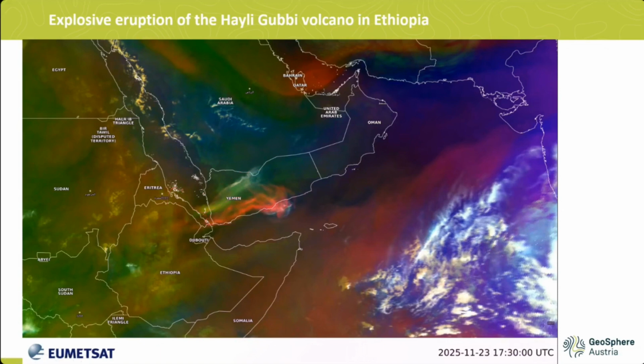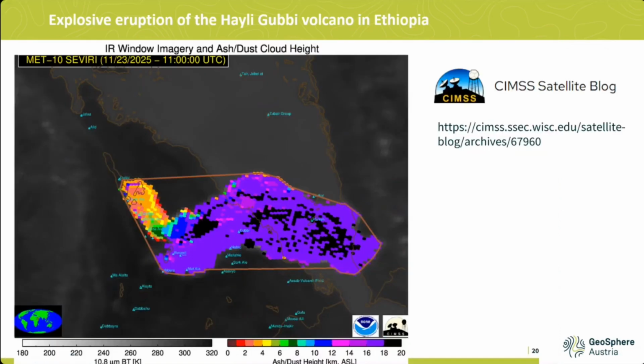Let's continue, and let's have a look here at the cloud height from the satellite product. You see that it's blue, sometimes dark, and this refers to very high cloud tops between 16 and 20 kilometers.